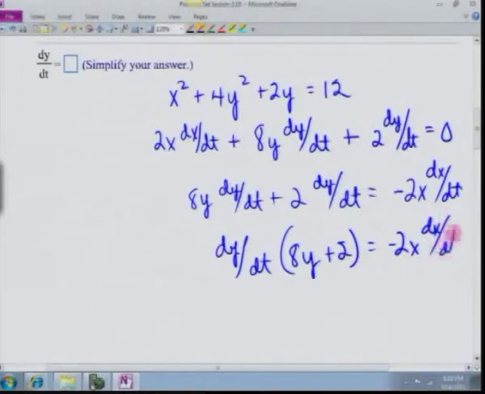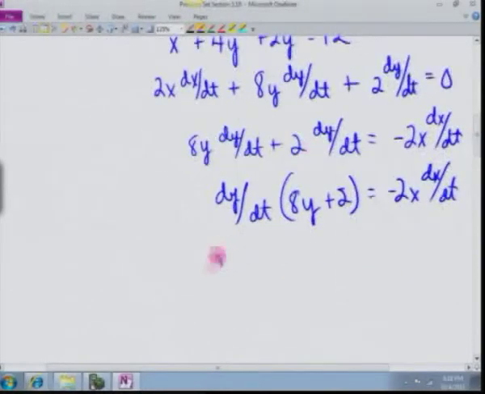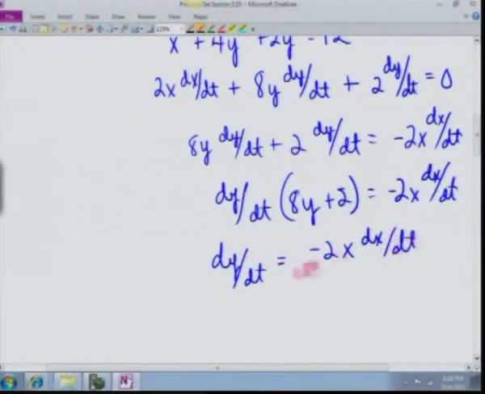I've got stuff to plug in, don't I? I'm not looking at the problem. dy/dt equals -2x dx/dt over 8y plus 2.